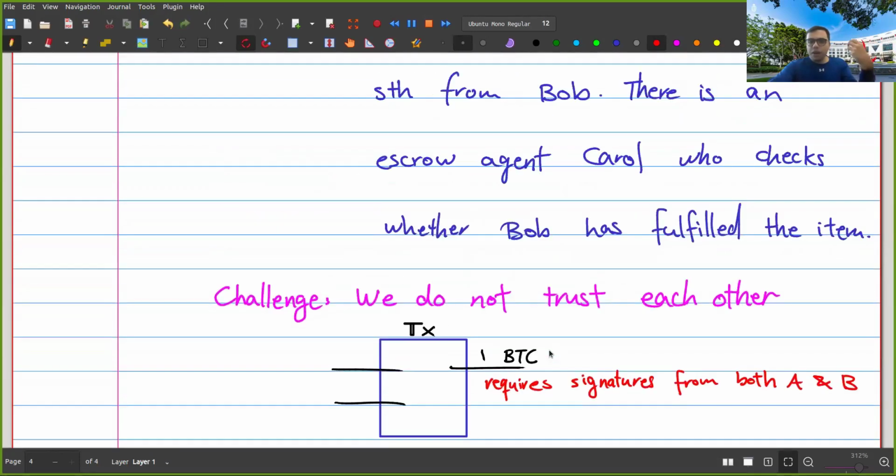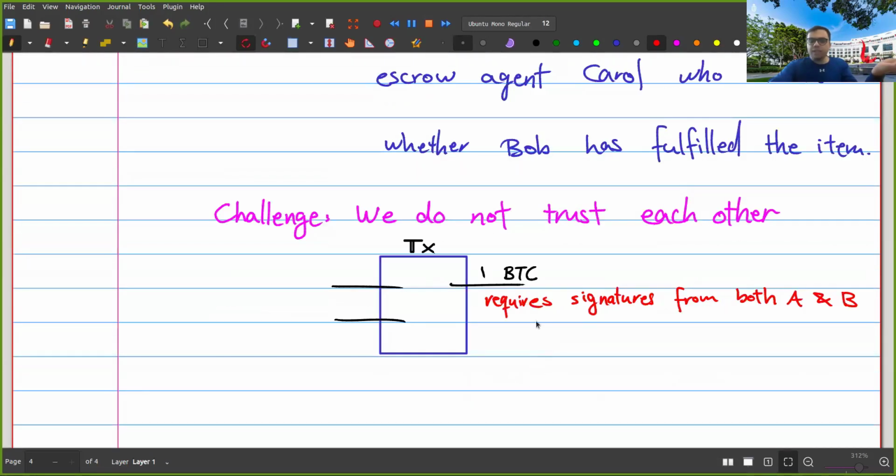So if Bob doesn't send the item to Alice, Alice would never agree to sign a transaction that pays the money to Bob. And similarly, if Bob has sent the item, he would never agree to sign a transaction that doesn't pay him the money. So if one side is dishonest here and the other side is willing to punish them, then the money gets burnt and the money gets stuck, basically.